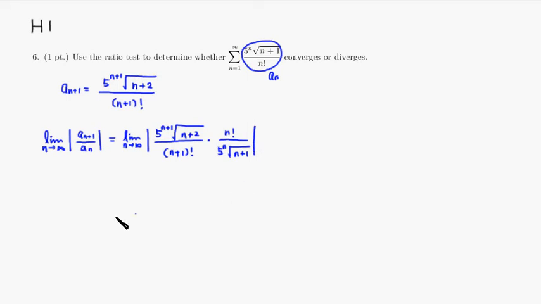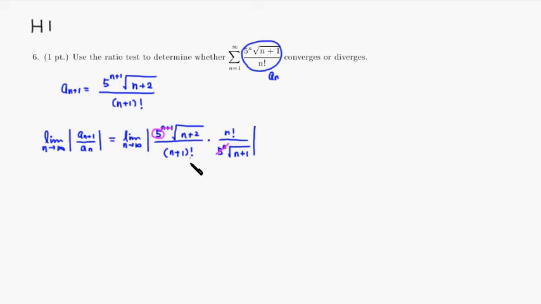So we should be able to cancel things out. First, there's a 5 to the n, and you have a 5 to the n plus 1. So you have one extra 5 on top. So I'm going to cancel 5 to the n, then strike out the power so that I know there's going to be 5 left on top.